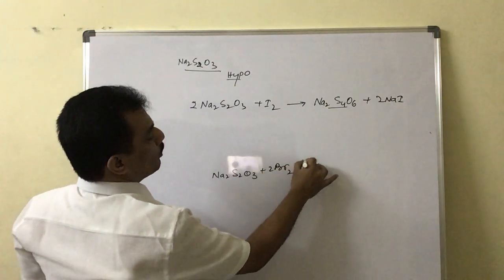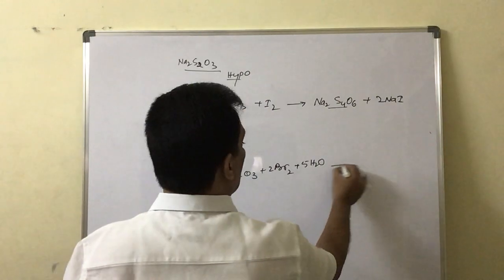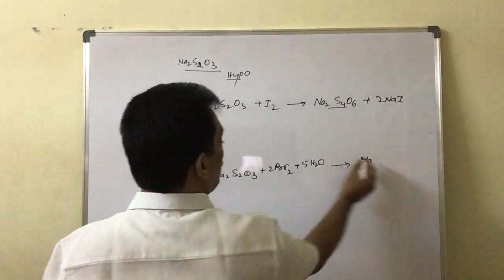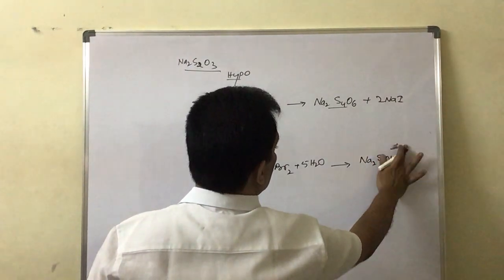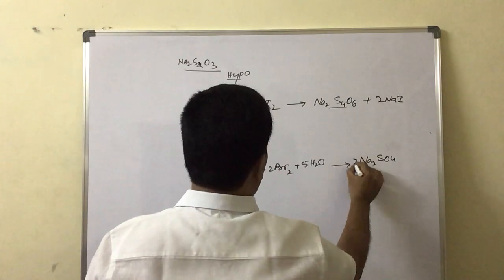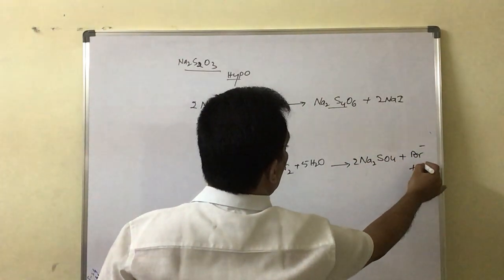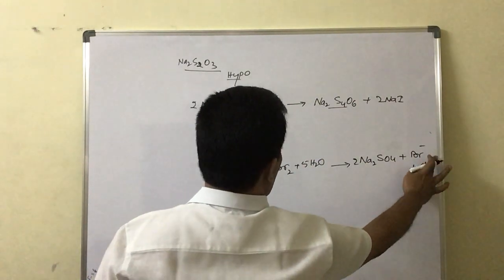It is reacting with bromine in the presence of H2O. In this case, what we are observing is that it forms sodium sulfate, SO4, plus Br minus plus H plus.